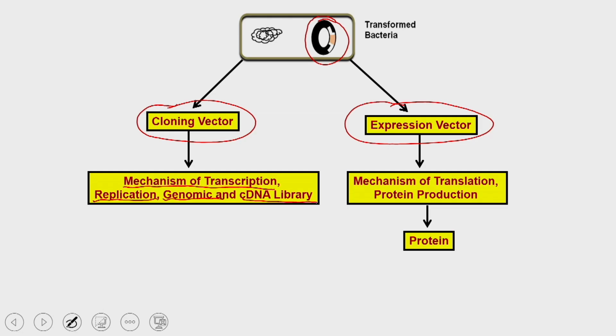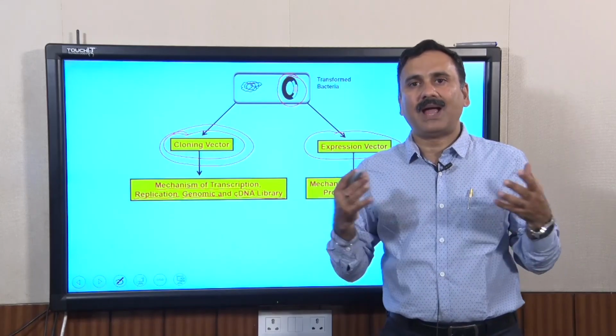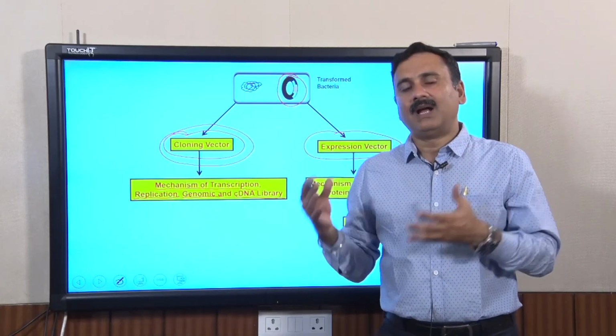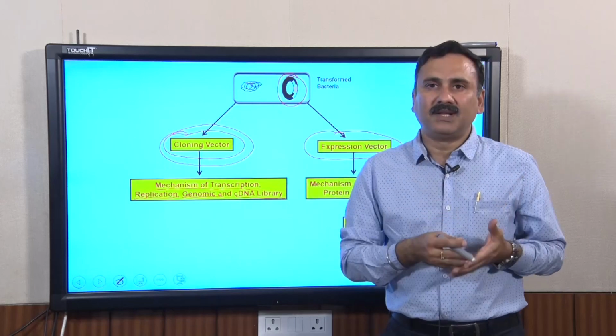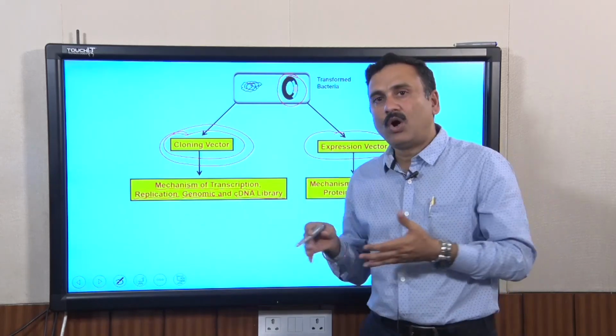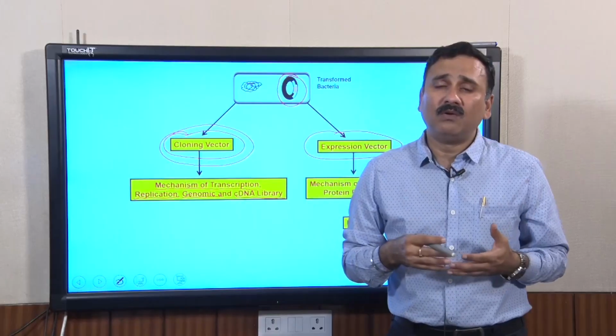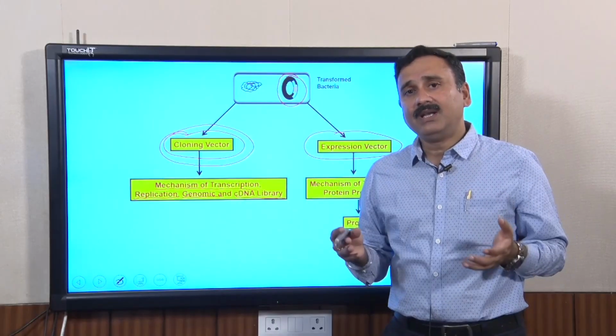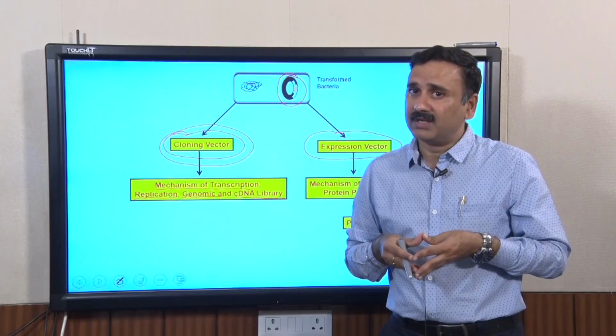So, if you are generating a recombinant clone into the cloning vector, you are actually restricting yourself to basic research, or you are using these constructs only for addressing different questions related to the processes happening within the cell or within that particular host, whether it is transcription or replication, or you can use similar strategies to generate the genomic as well as the cDNA libraries.